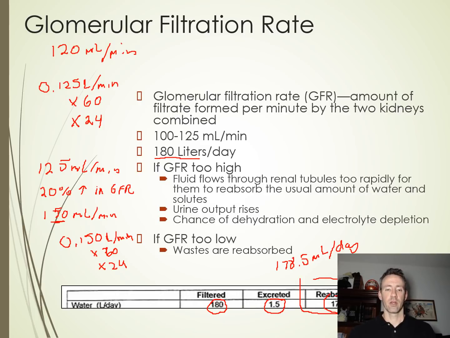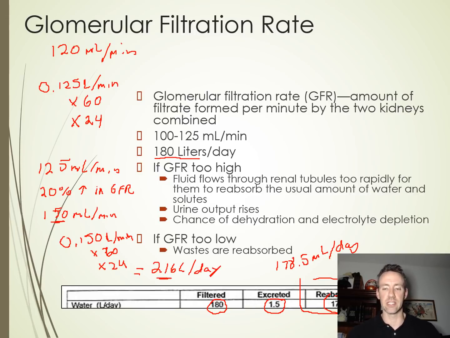If you do the calculation, you're going to see that we end up with over 200 liters. In fact, we can do that calculation right now. Let me make sure I get this correct. 0.150 times 60 times 24 comes out to 216 liters per day.